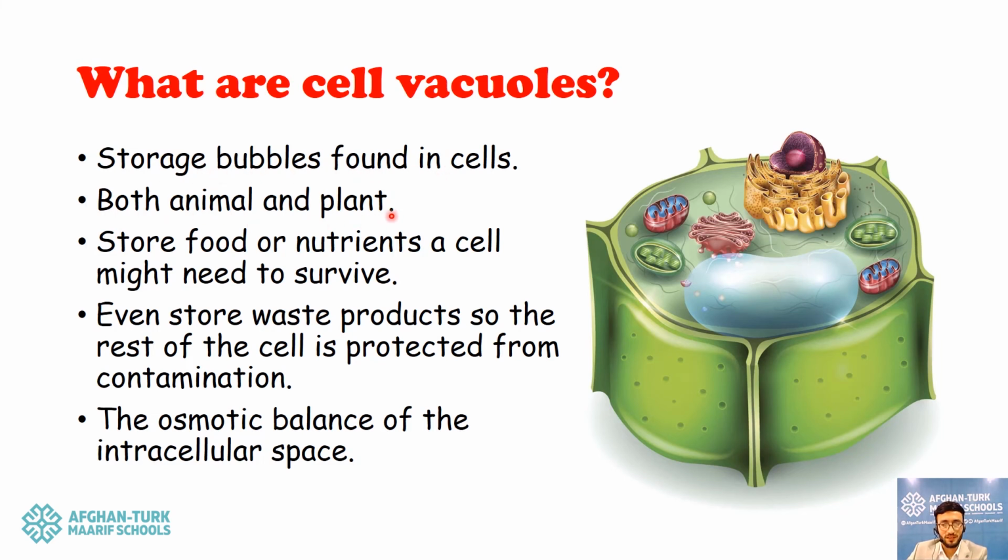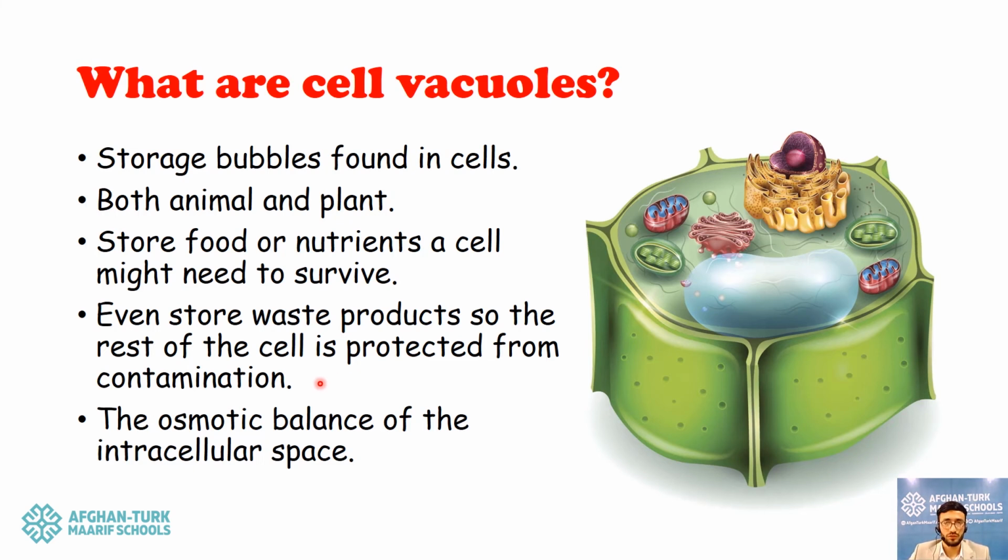Both animal and plant cells possess them, but in animal cells you find the vacuoles as smaller structures. In plants you may find a central vacuole or large vacuole. They store food and nutrients a cell might need to survive, and even store waste products, so the rest of the cell is protected from contamination.